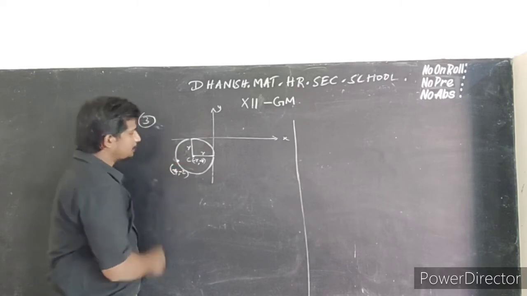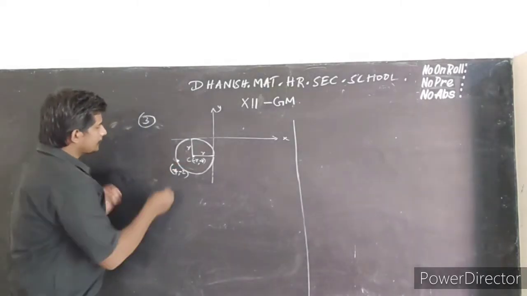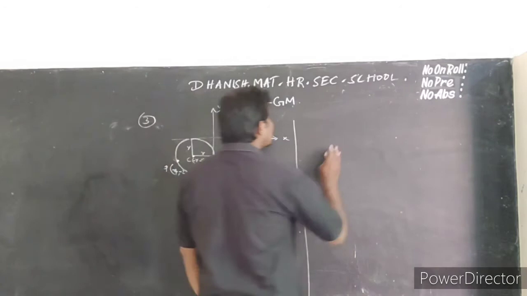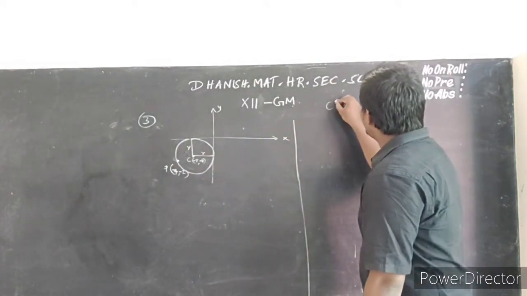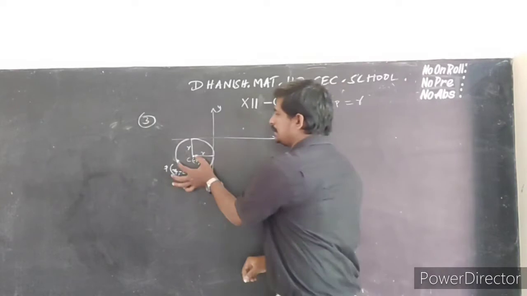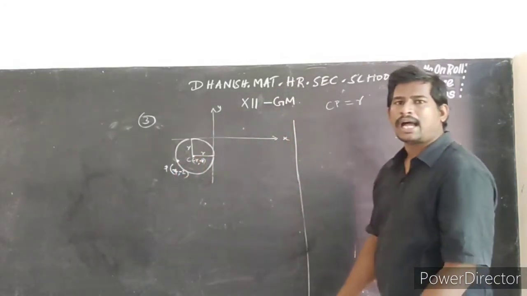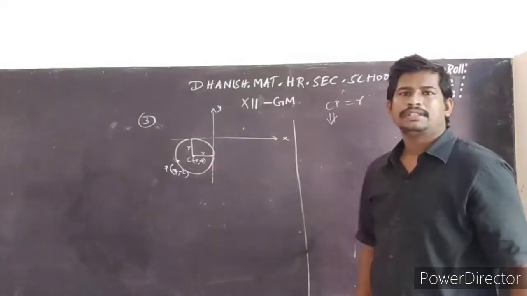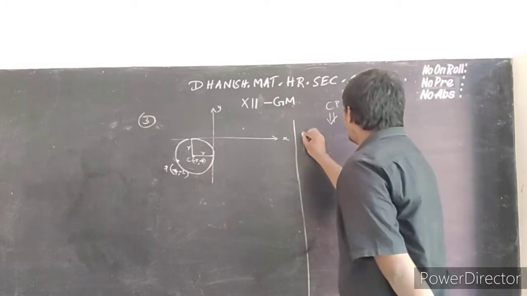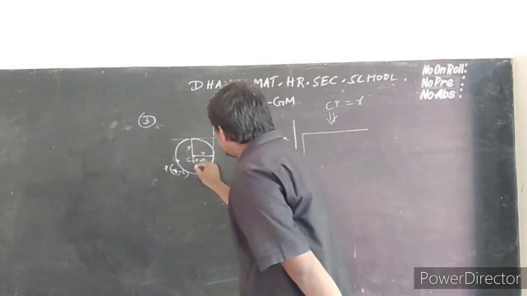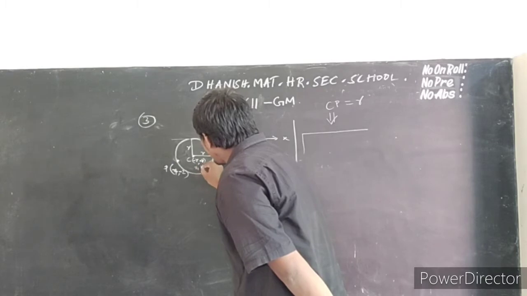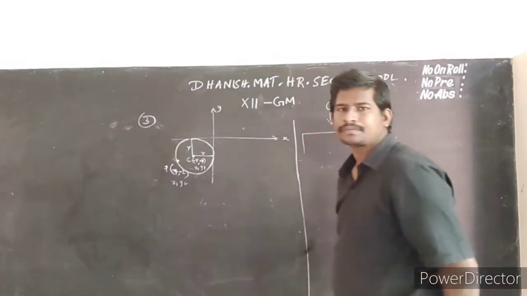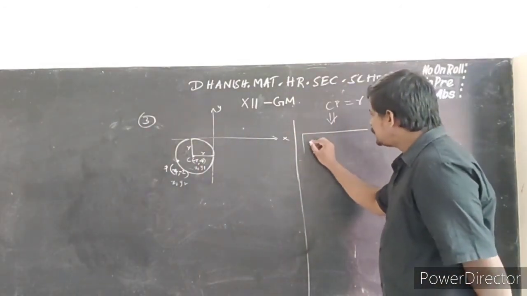This point can be taken as P. Here I am going to use the same concept: CP equal to r, the distance between C and P. Now I am going to find CP, the distance between C and P. C can be taken as x1, y1, and P can be taken as x2, y2. Now I am going to apply the distance formula.